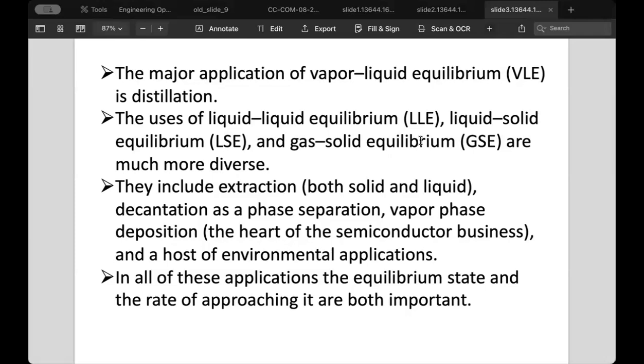And also liquid-solid and gas-solid equilibrium. The first one, liquid-liquid equilibrium. Why do we need it?